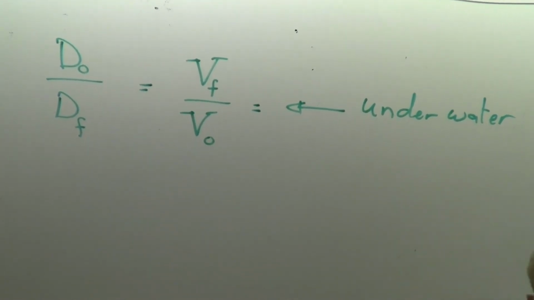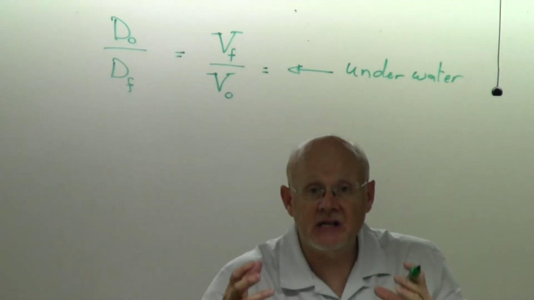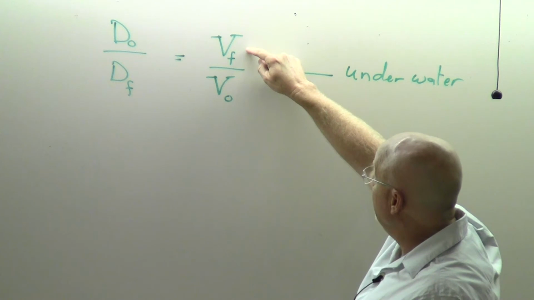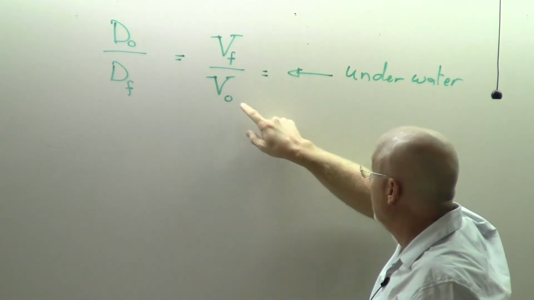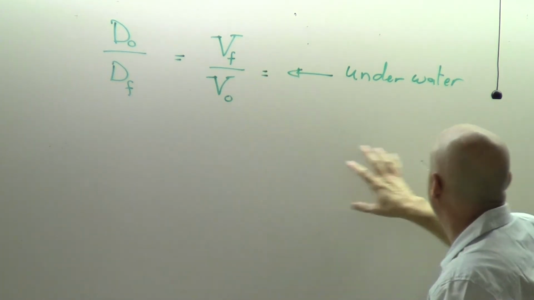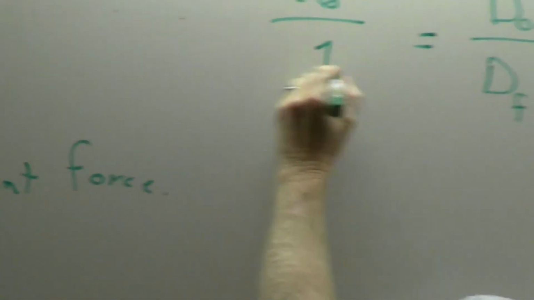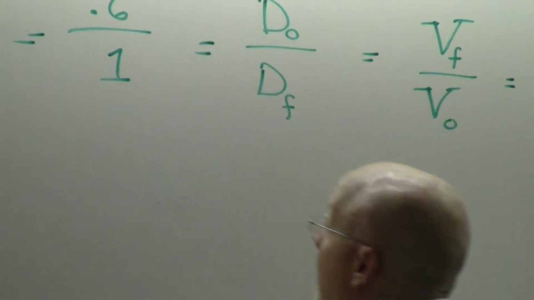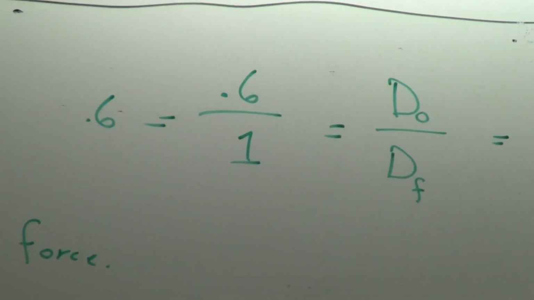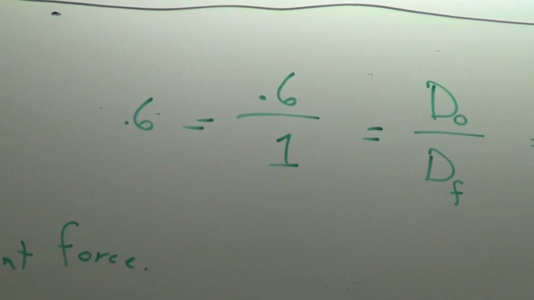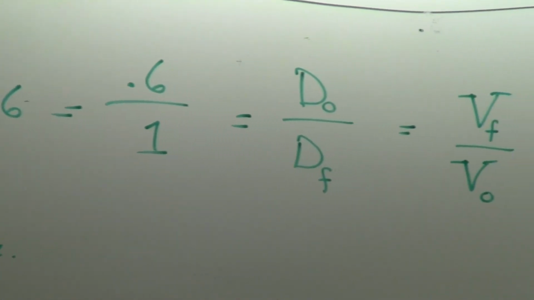That piece of wood looks like maybe 60% is underwater. So the volume displaced of the fluid over the volume of the object is roughly 0.6 for my piece of wood. And that makes total sense because the density of my piece of wood is 0.6 and the density of the fluid, water, is about 1. And so the ratio of the densities is the same as the percentage that is underwater.